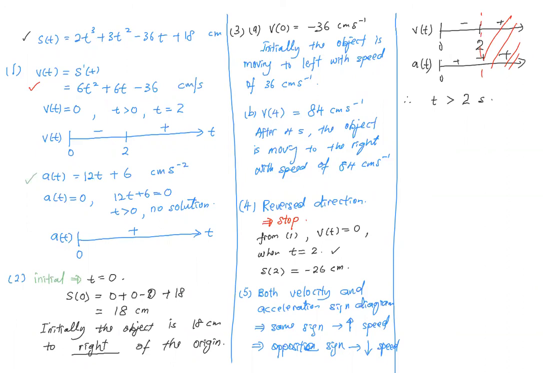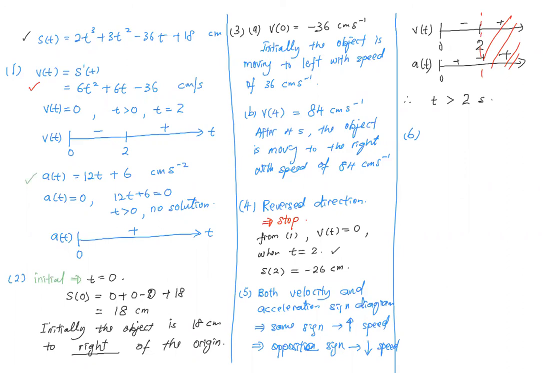Done? Okay, let's go to part 6. Show that the velocity is always increasing. So how to show that velocity is always increasing? Rate of change of velocity is acceleration, correct?